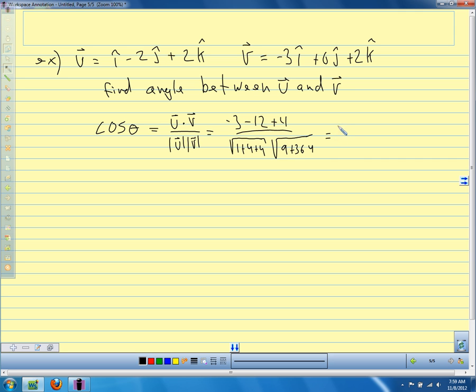So we end up with minus 11 over 3 times 7. So we get minus 11 21sts.